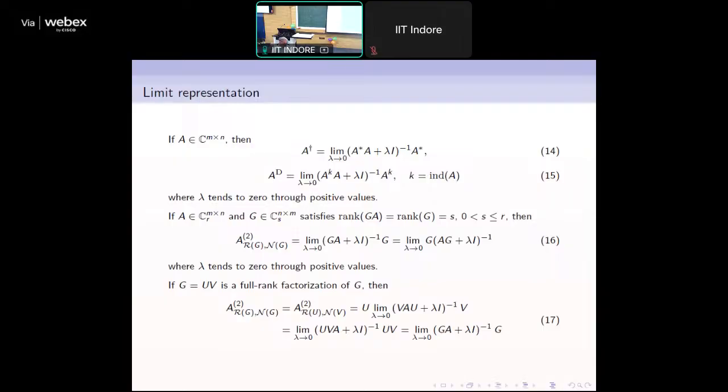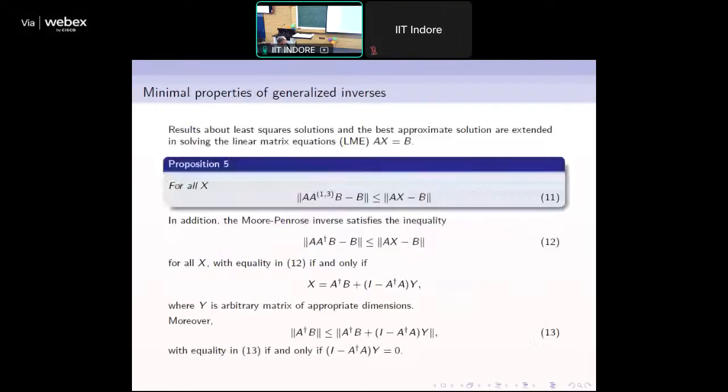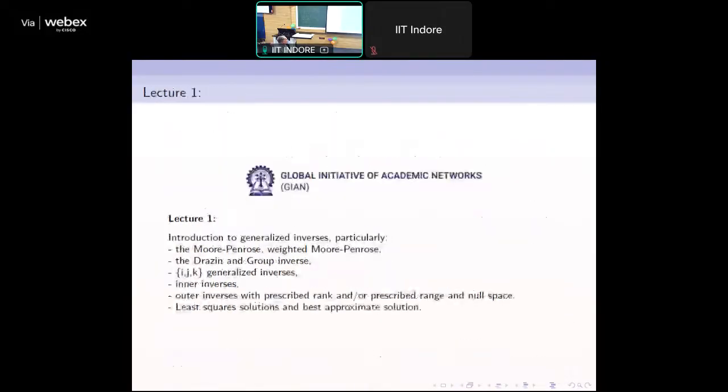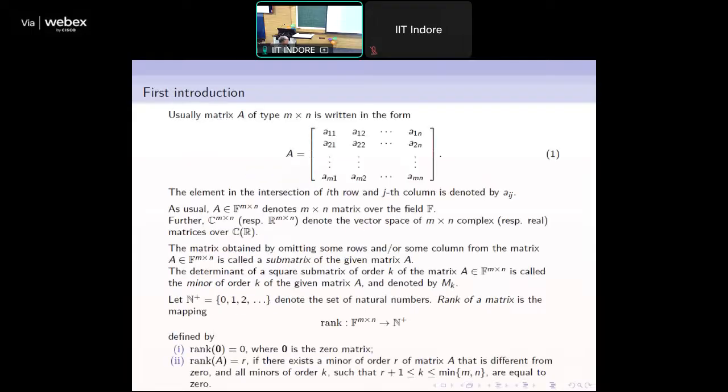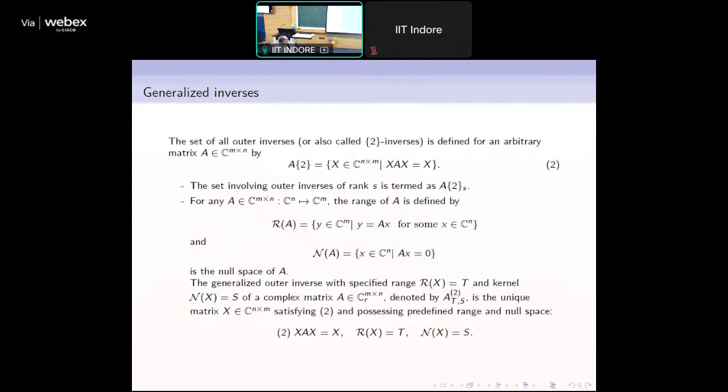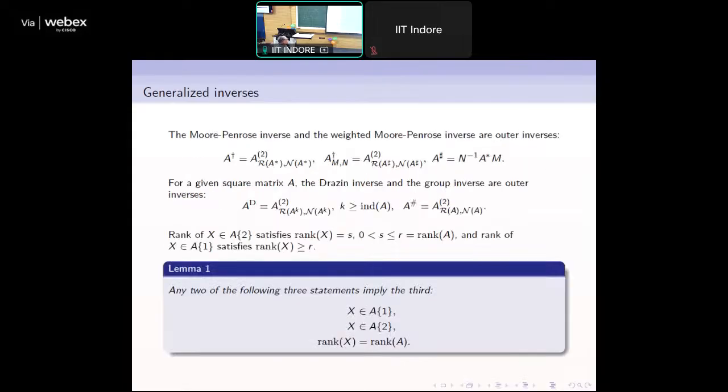What is the main difference between the Drazin inverse and the generalized Moore-Penrose inverse? The Drazin inverse is applicable only to square matrices. The Moore-Penrose inverse is applicable to an arbitrary matrix. The Moore-Penrose inverse is related with singular value decomposition and with the conjugate transpose matrix.